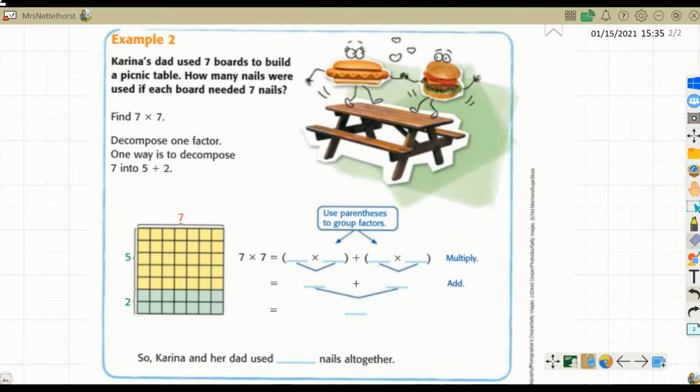Karina's dad used some boards to build a picnic table. Now I see the question word how on the next sentence and a question mark at the end, which tells me that this is a question. And I'm not supposed to read the question yet, but the question has one of my facts in it.